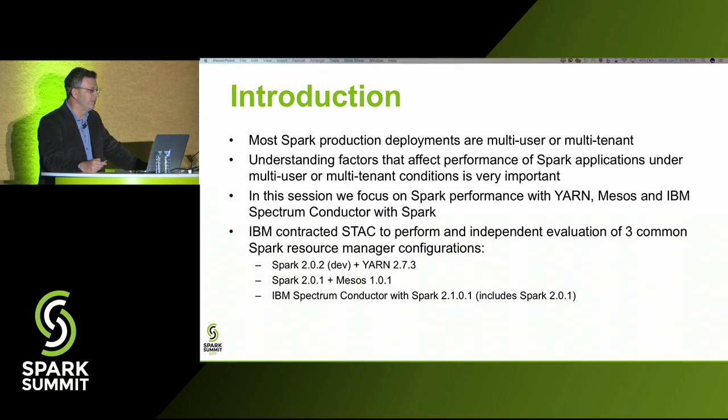So IBM contracted STAC. This is an independent agency, and Peter will talk more about this, to perform an independent evaluation of three common Spark resource manager configurations and integrations: Spark on Yarn, this is version 2.2 on Yarn 2.7.3, and then Spark on Mesos, and our IBM Spectrum Conductor with Spark, which has its own resource manager, but with open source Spark 2.0.1 integrated with it.